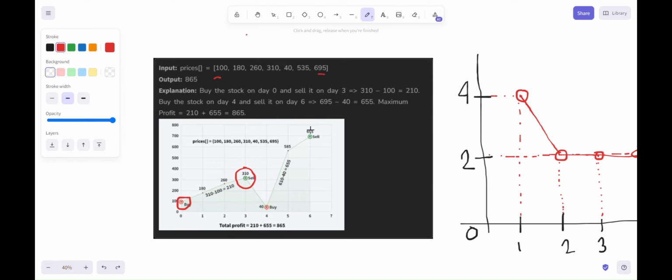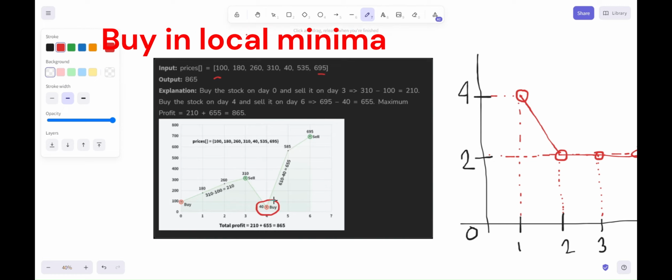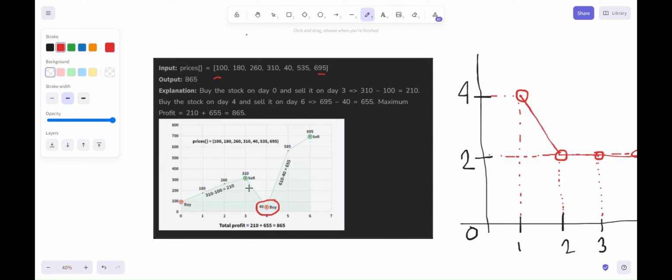Basically we are buying the stocks at the minimum price, and sell them at the peak. This is the peak. So here we get the profit of 210 and 655 here.